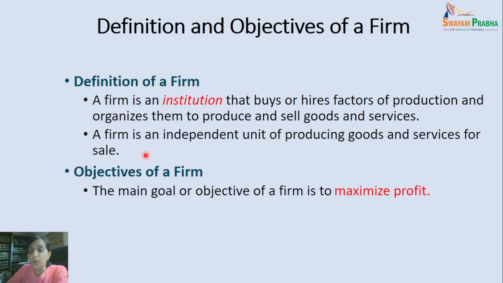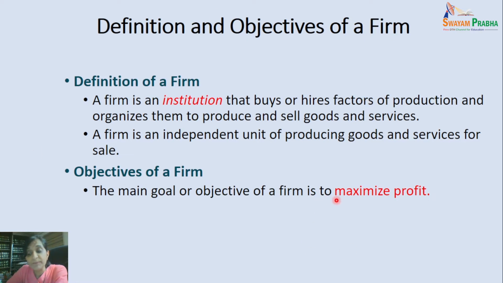Now what are the objectives of the firm? The main goal or the objective of the firm is to maximize the profits. Whereas there are of course a few economists who say apart from this, firms also have another objective of, for example, sales maximization, or they may be having an objective of shareholders' wealth maximization. But the primary aim is to maximize its profits.